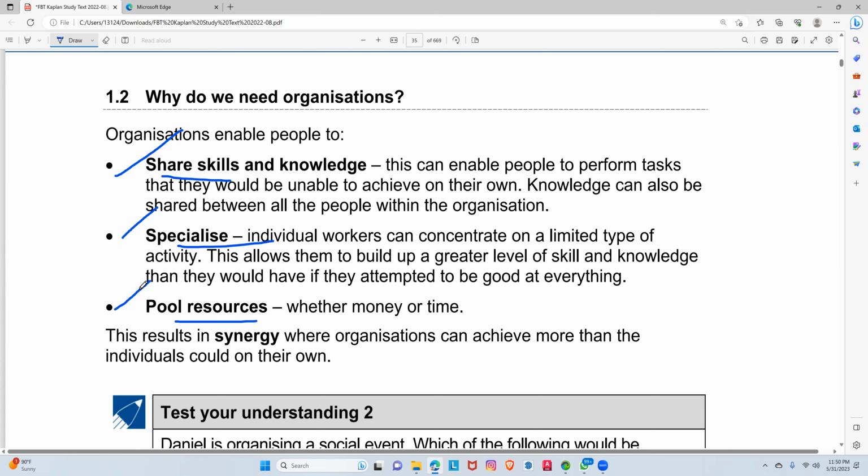ठीक है. Suppose a man can lift up 20 kilos with his own capacity. Another guy also with his capacity can lift up 20 kilos. That's their maximum capacity. But if the two people are together, lifting something, they can lift more than 40 kilos.